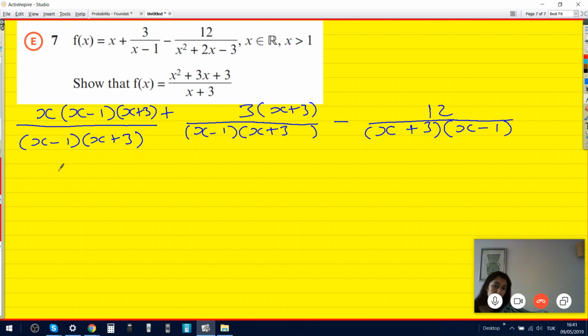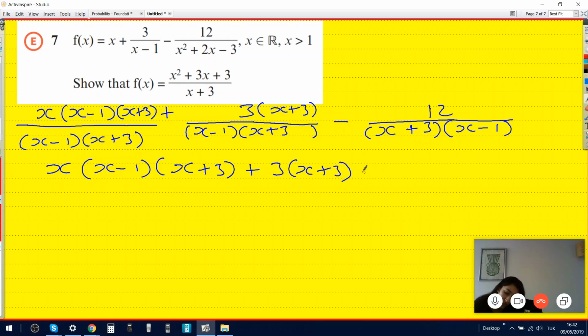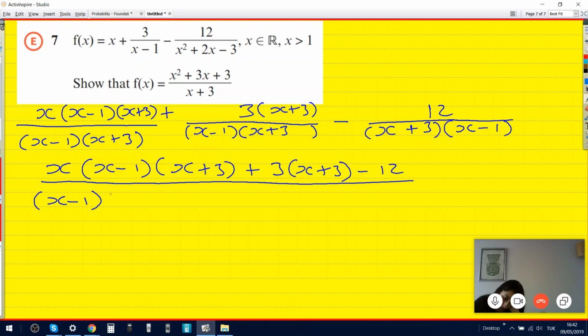You only flip it if you're dividing it. Oh, can you just minus that normal? So you just treat it like a normal fraction. Oh, okay. And then, yeah, you can expand them, I suppose. Makes life a lot easier. So x cubed plus, so x squared.